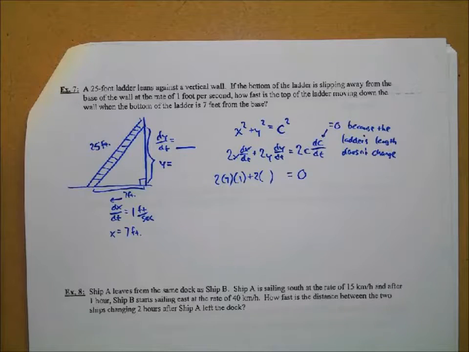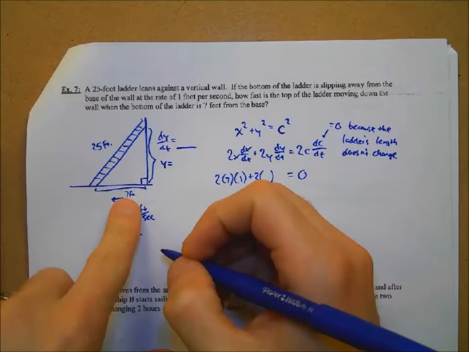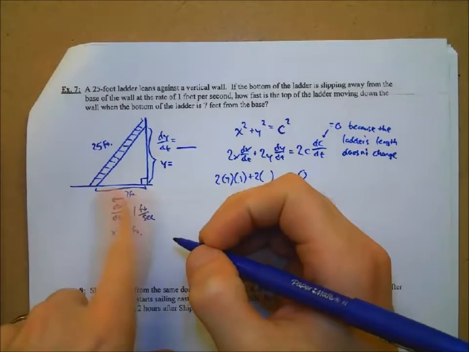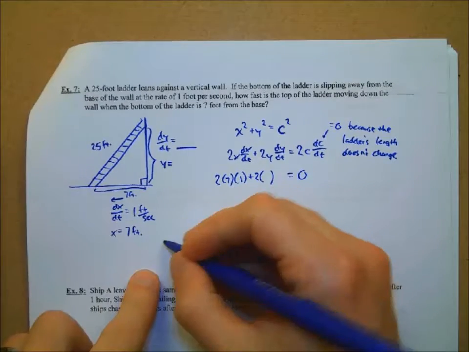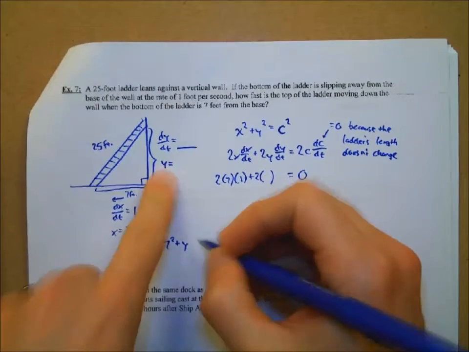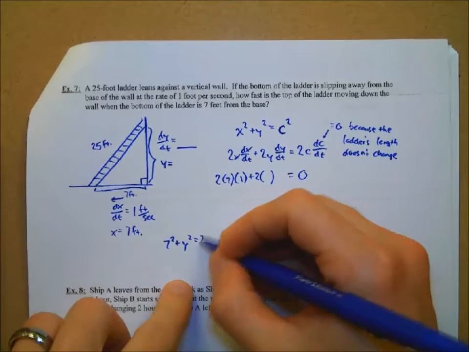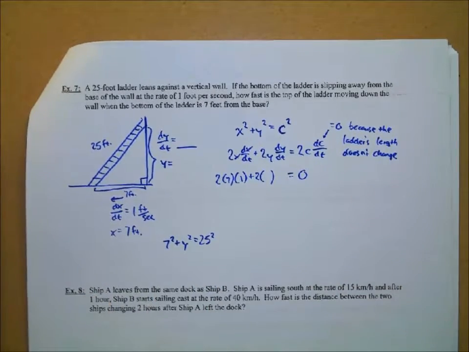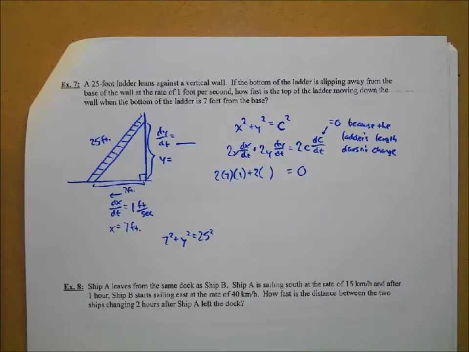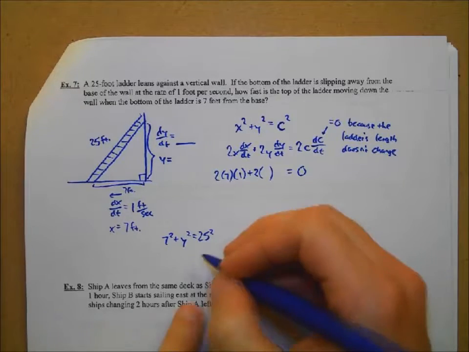Plug in your numbers, right? So we have 7 at the instant when the ladder is 7 feet away from the base of the wall. So I'll say 7 squared plus y squared has got to equal 25 squared. So we're going to use the Pythagorean theorem here. So 25 squared minus 7 squared is going to give us 576.